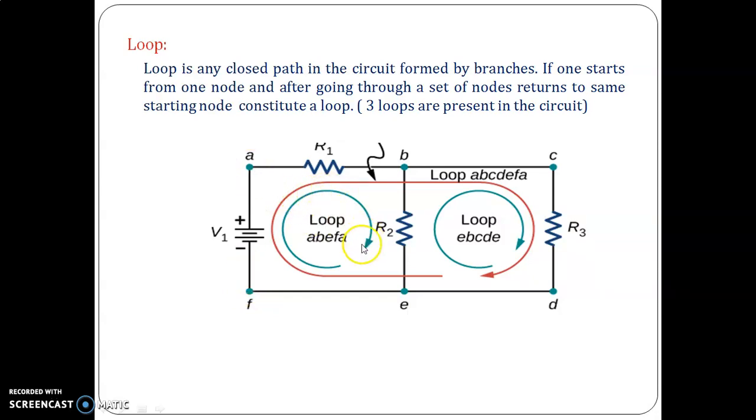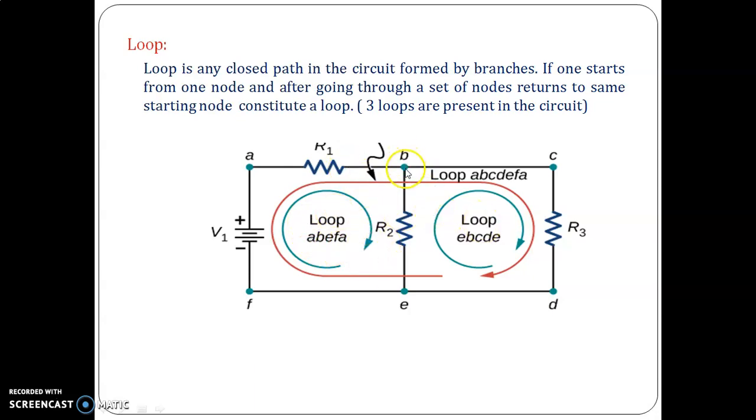See the blue arrow mark here, the loop A, B, E, F, A. From A we have started, moved through B, E, F, and finally reached the starting point A again. So it constitutes a loop.